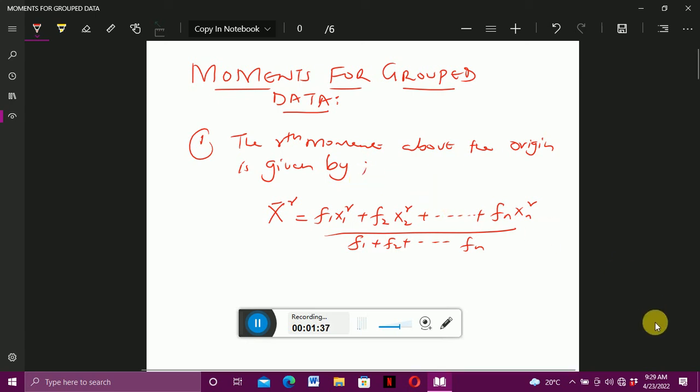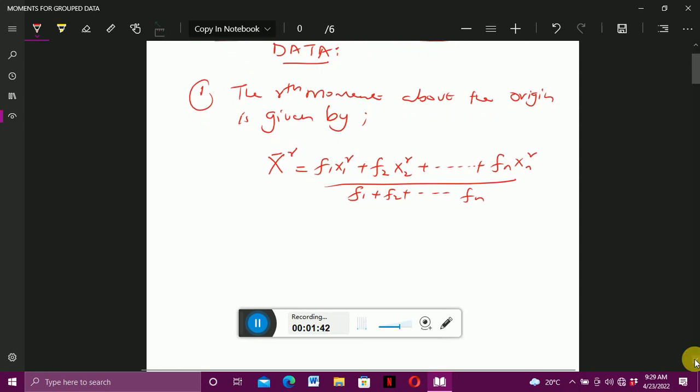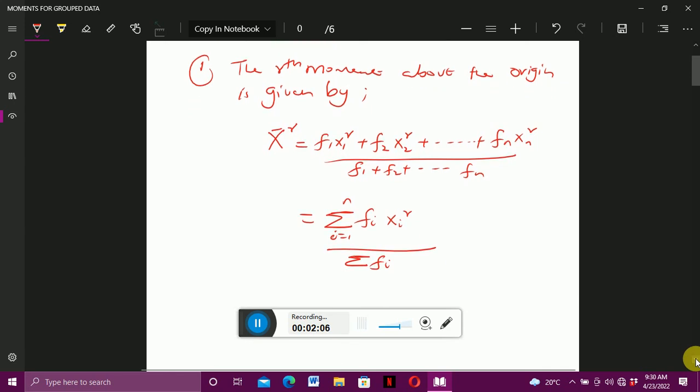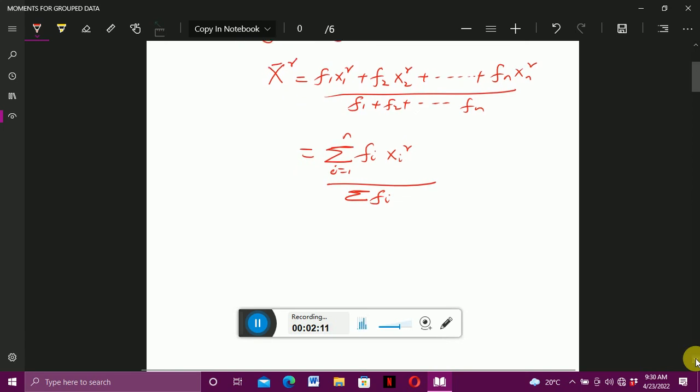So these are the moments about the origin, and in short we write this as the summation from i equal to 1 to n of the fi's times xi raised to power r, all this divided by sum of fi's. So that is moments about the origin.